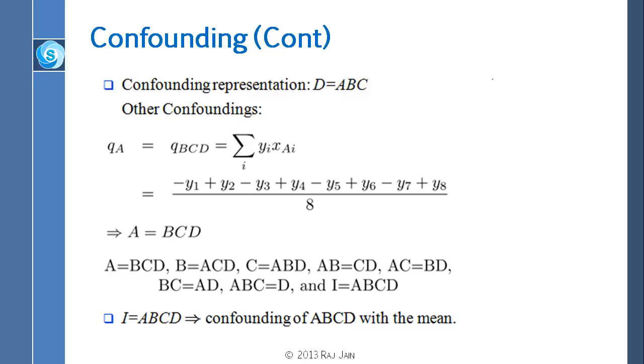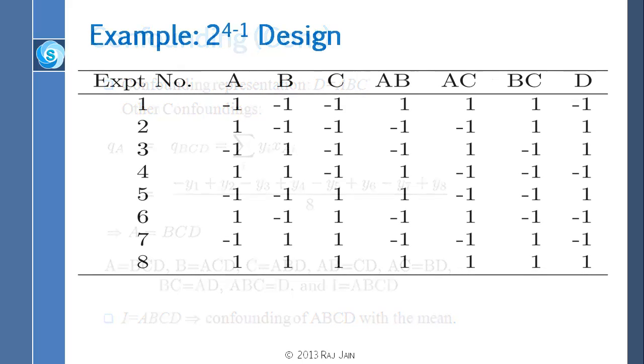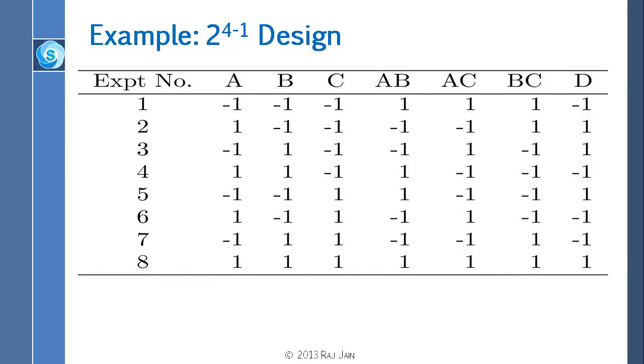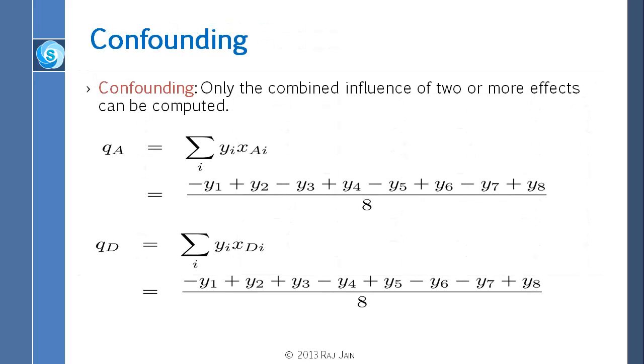Okay, so the thing is, if you want to find out the factor D, what column do you multiply? D with Y. And add it, right? That's what I said, multiply. This is QD. Right? And when you want to do ABC, you will do the same column and multiply by Y, get the same answer. Yeah, it will be the same way. The thing is, because ABC is equal to D. In this design, D equal to ABC.